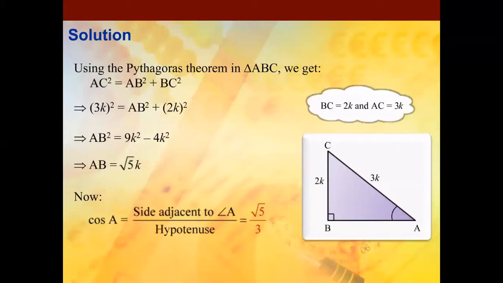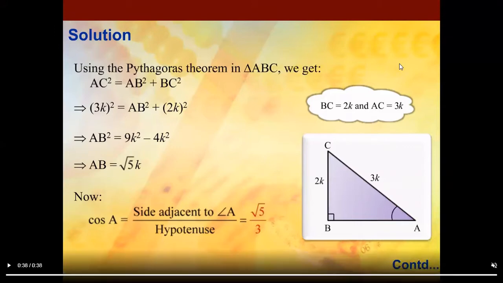Now cos A is the ratio of the side adjacent to angle A and the hypotenuse. Adjacent to angle A is BA and hypotenuse is AC, so cos A is root 5 upon 3, as we found AB from the Pythagoras theorem.